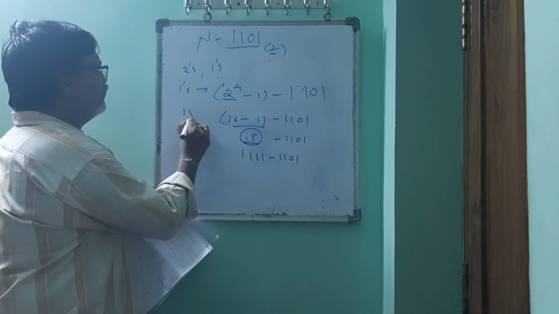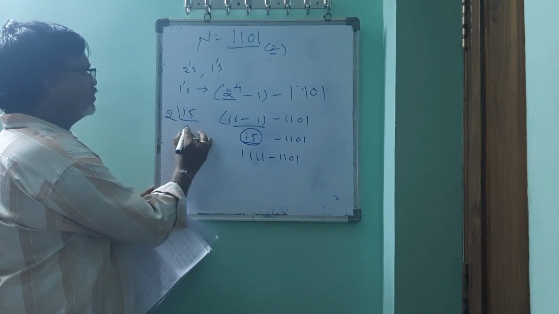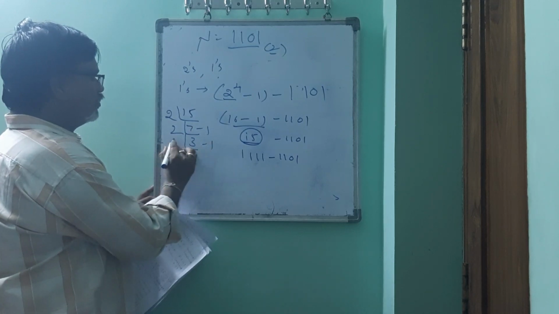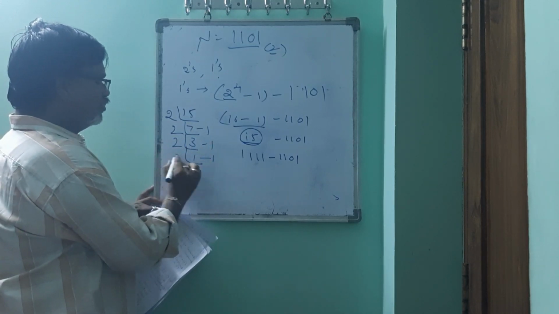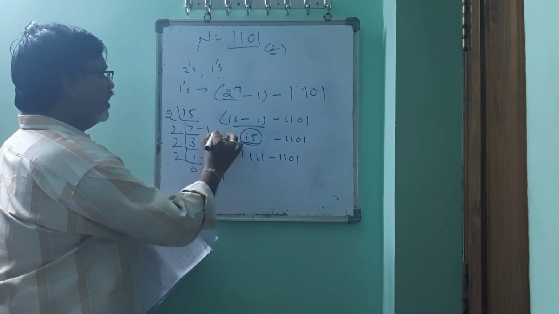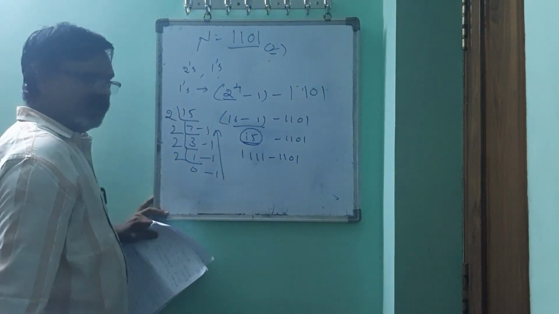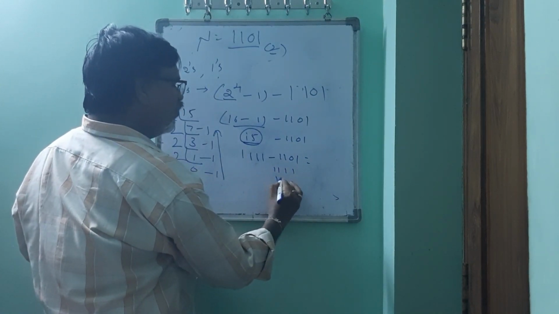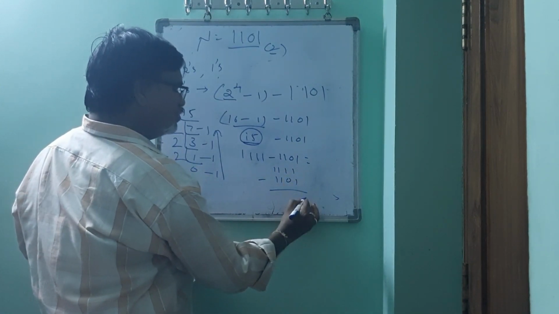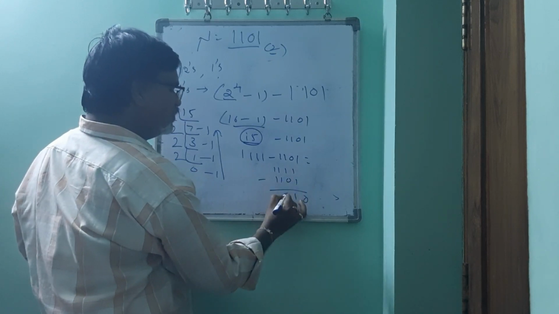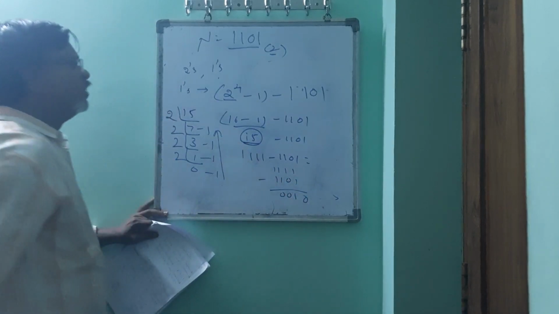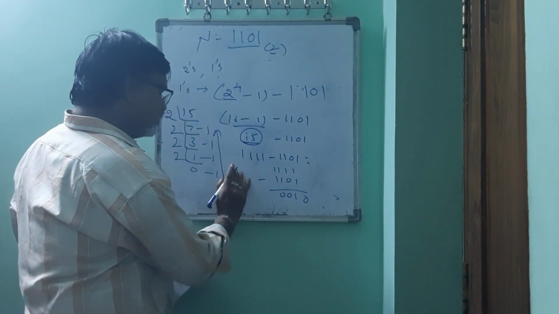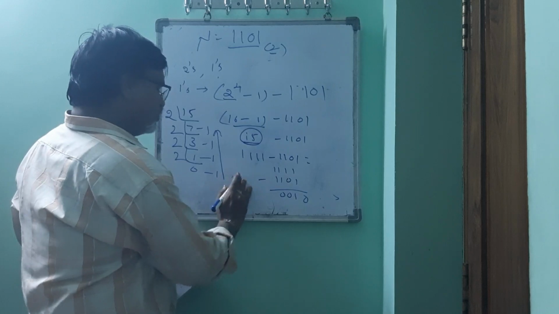You may have a doubt how this 15 is equal to 4 ones. So simple, divide 15 by 2 repeatedly, and write the remainders in reverse order. So you will get 1 1 1 1 minus 1 1 0 1, which gives 0 0 1 0. So this is the 1's complement.